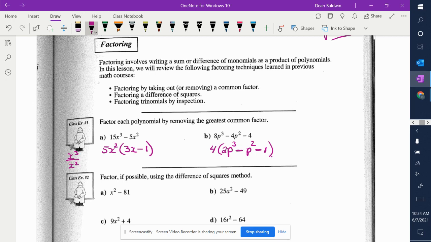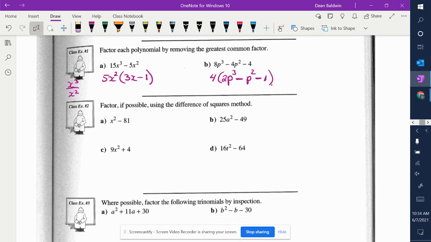You always take out a common factor. That's the first thing you do. All right? When you're factoring, you look for a common factor. Okay. Next one.